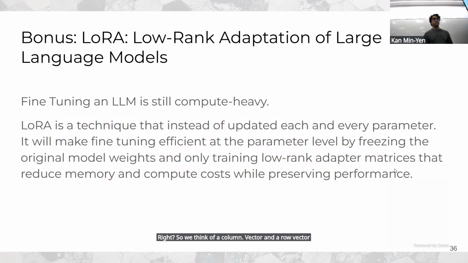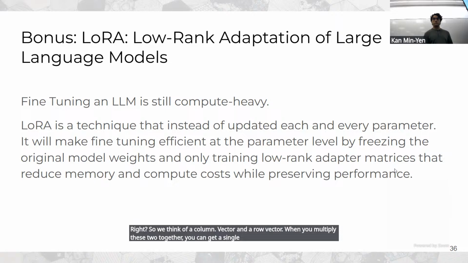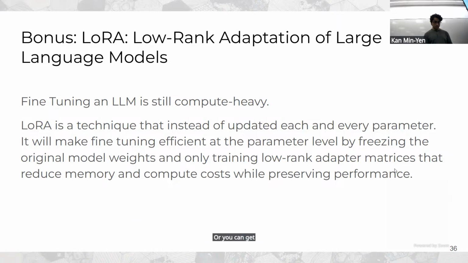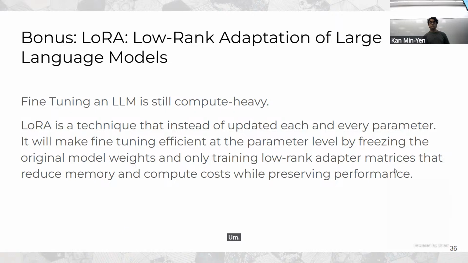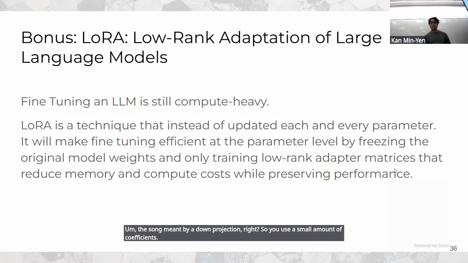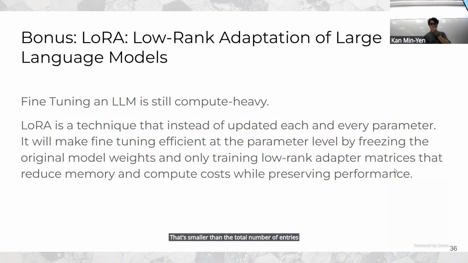When you multiply these two together, you can get a single scalar if you multiply one direction, or you can get a matrix by multiplying the other direction, because matrix multiplication is not symmetrical. So in many ways, like Indra was saying, you can get away with a small number of coefficients that when you multiply them together, get the entire matrix back out. This is what Yisong meant by a down projection: you use a small amount of coefficients, smaller than the total number of entries in a matrix, in order to represent the entire matrix.